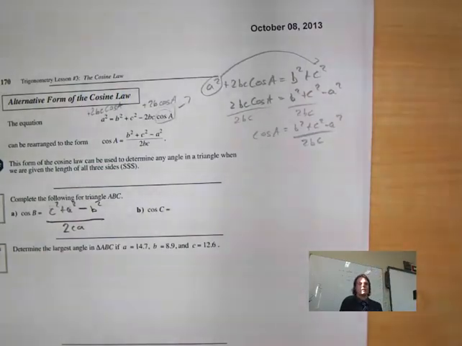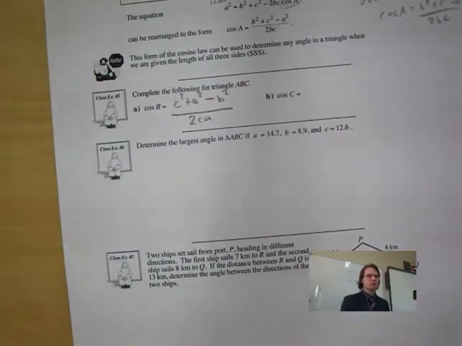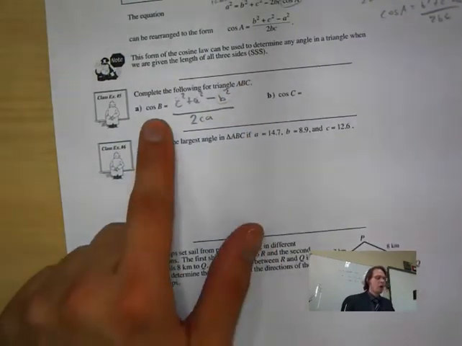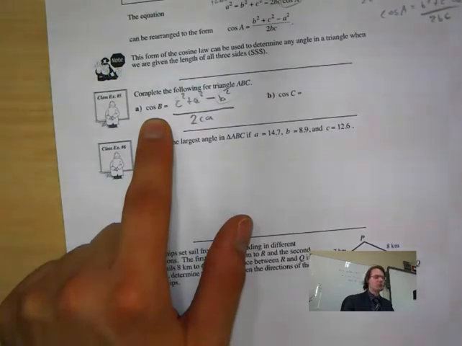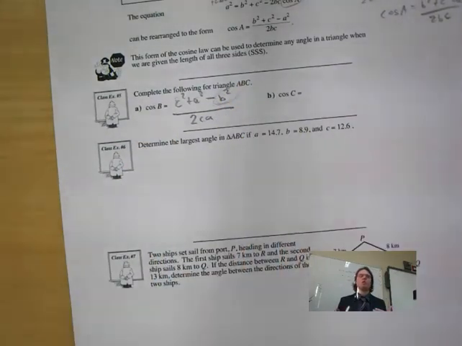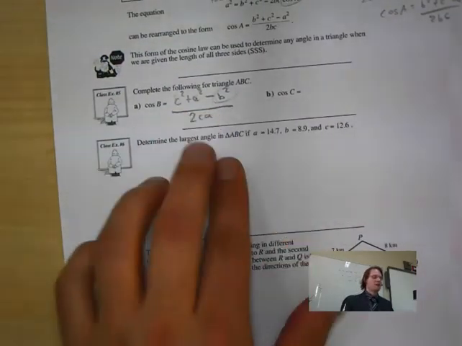So that's how they end up making that. It's just isolating for cos A. So that is why the only time we use the side opposite of the angle we want is when we subtract it on that side. It's the only time we use it. Everything else is used twice. They're added and on the bottom.